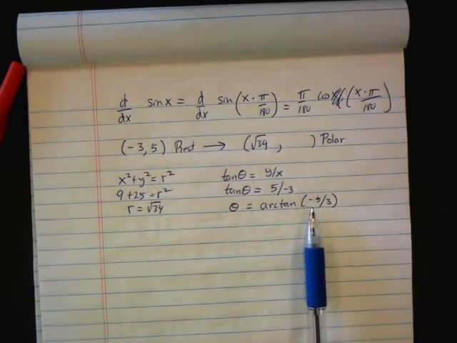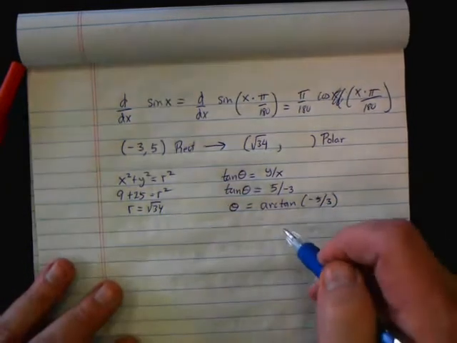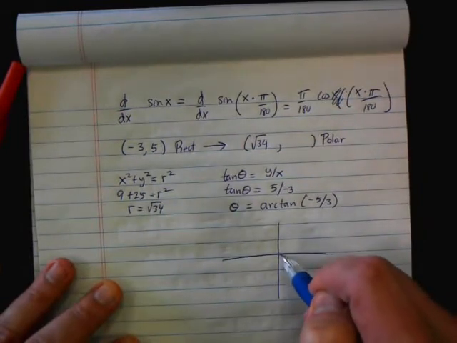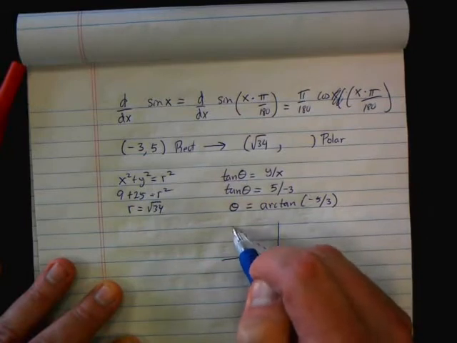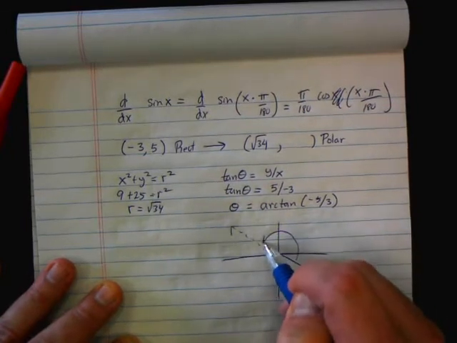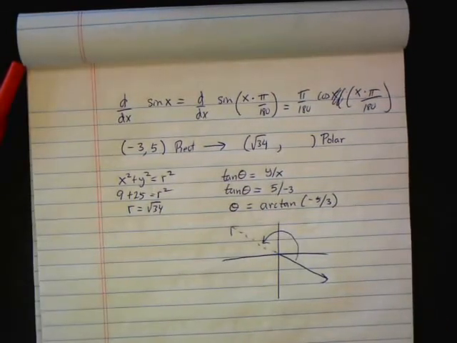So how do I take that angle and put it in quadrant 2? Close, not pi halves. Add pi. If I'm living down here in quadrant 4, and I really want to be over here in quadrant 2, how much do I have to add? Half of a rotation, right?